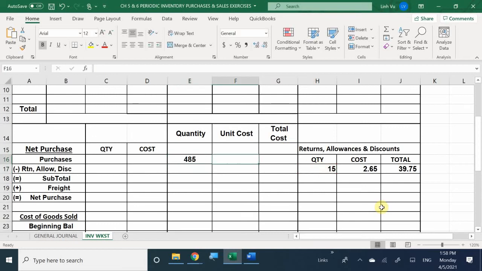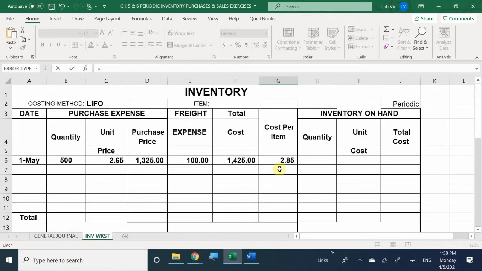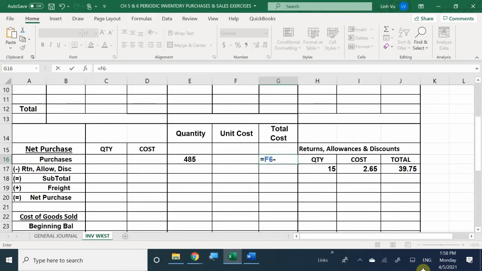Now that means my total cost is going to be different. We had a total cost originally of $1,425, but we ended up returning $39.75. So my new total cost is going to be $1,385.25, because we essentially returned our items, so we got rid of them. We don't have them anymore.